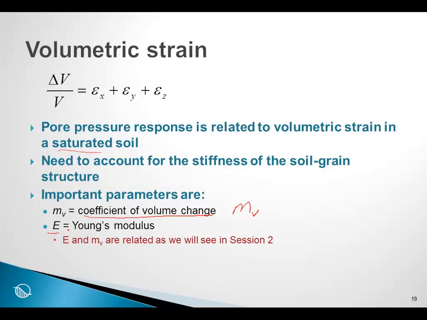And as we will see as we go along, part of the volumetric water content function is described by a slope which represents the coefficient of volume change m sub v. And when we come to a coupled analysis in session 2, we will need to relate m sub v and Young's modulus in order to do a coupled analysis.